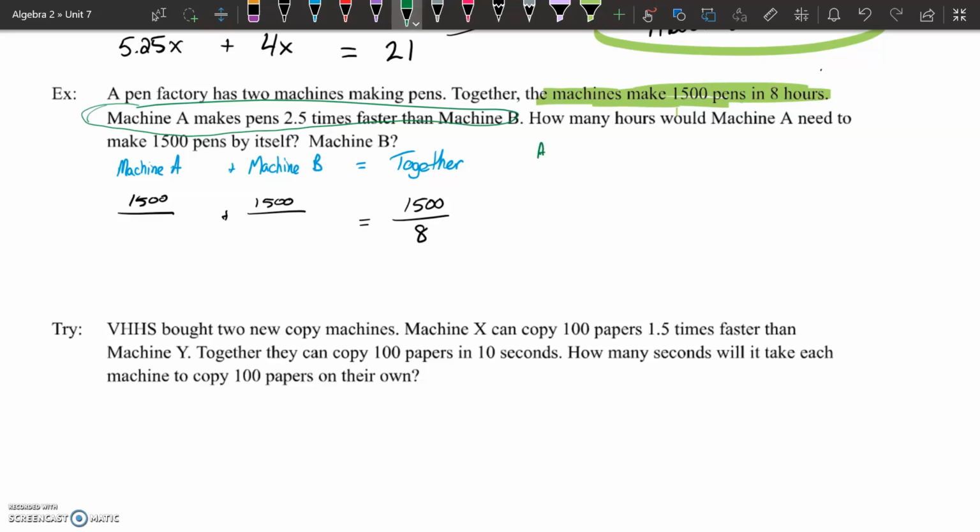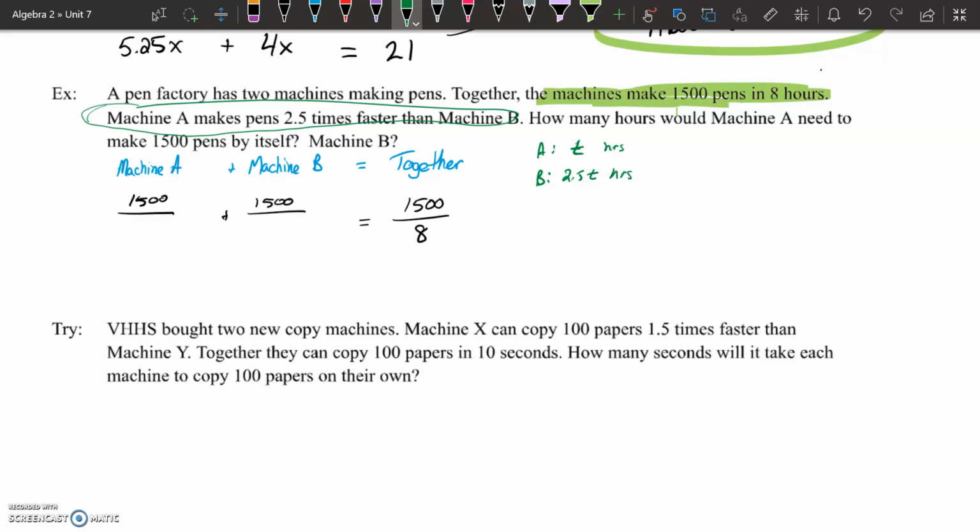I know that machine A is faster, so I might say that they complete the job in, I don't know, T hours. But since A is faster, I'm going to take machine B and make that 2.5T hours.